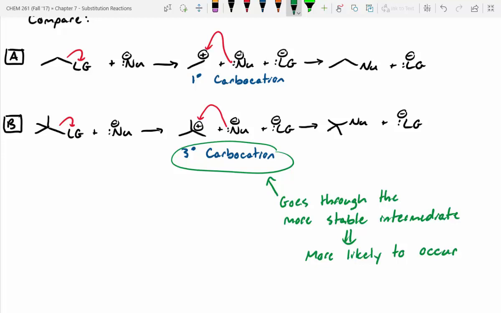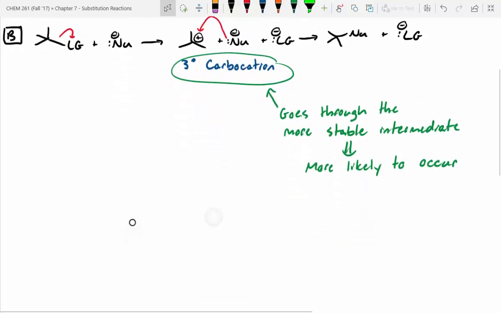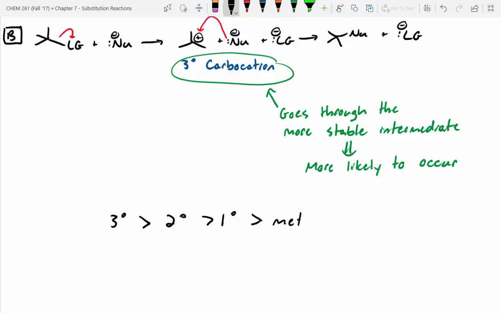So let's make a little chart. I know this seems kind of redundant, but I like making charts. So we've got tertiary carbocation is more stable than secondary, which is more stable than primary, which is more stable than a methyl carbocation. So we know that carbocation stability increases as we go over to the left.